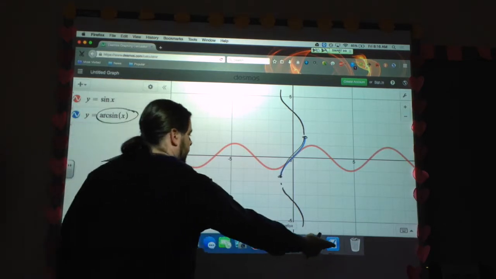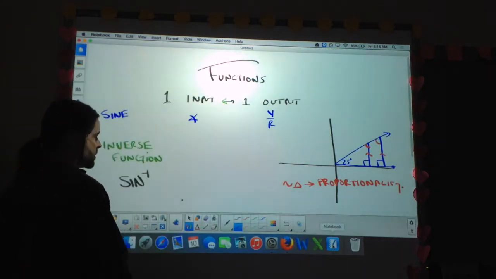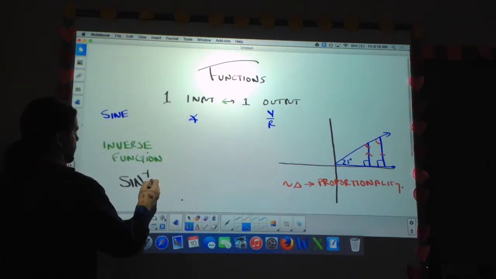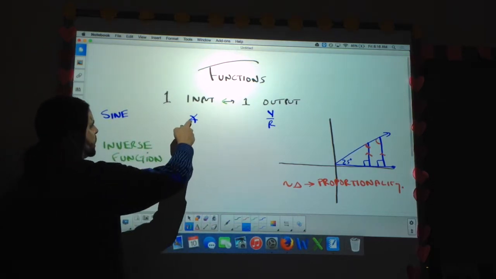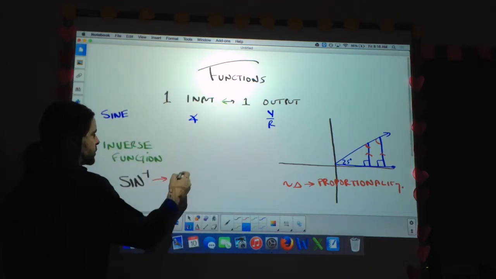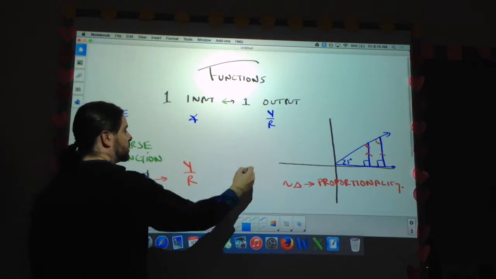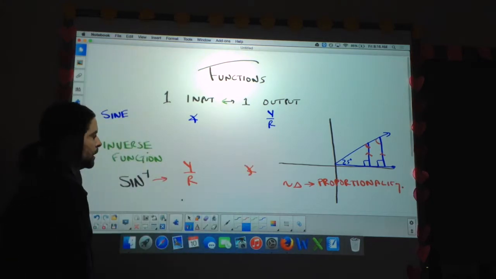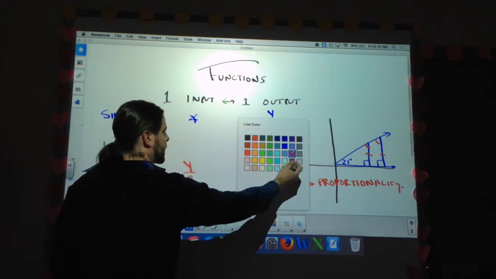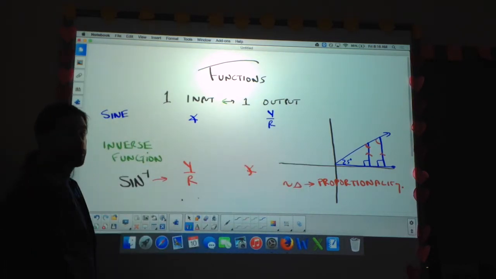One thing we know about inverse functions is that x and y switch. So for sine, the input is an angle and the output is a ratio; when you're using the inverse, you're putting in the ratio and you're getting out an angle. But if that's true, then domain and range will switch.